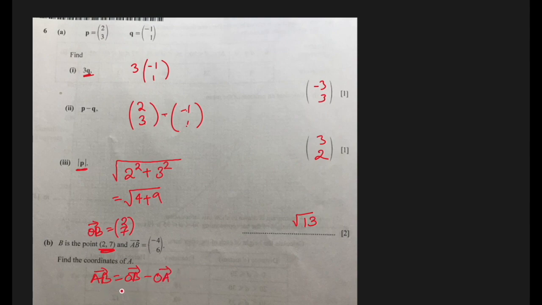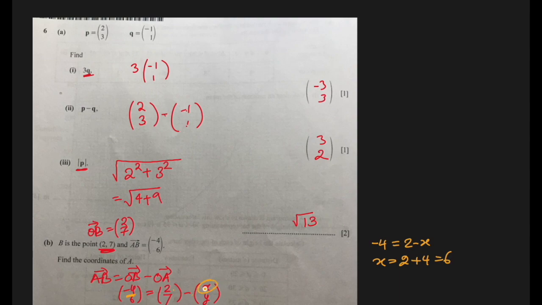AB is given as (-4, 6), equal to OB (2, 7) minus OA, which we don't know. Let's call them X and Y. So we can easily find X and Y now. Minus 4 is equal to 2 minus X. Let's bring X here, so it becomes positive X. Bring that minus 4 there, so 2 plus 4, which is 6.